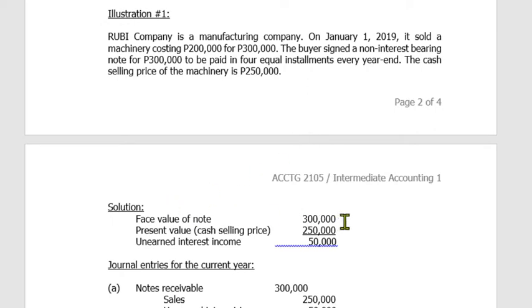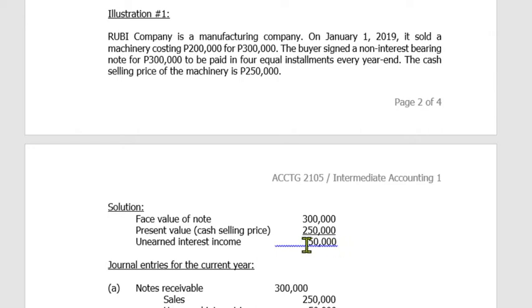So, let us analyze. Ang face value ng notes receivable ay 300,000. Ang present value ng machinery ay 250,000. Yung cash selling price na naka-indicate yan, kasi yan ang presyo kung ibebenta mo yan ngayon. So, 300 minus 250. Kung titingnan mo, effectively, meron kang unearned interest income.